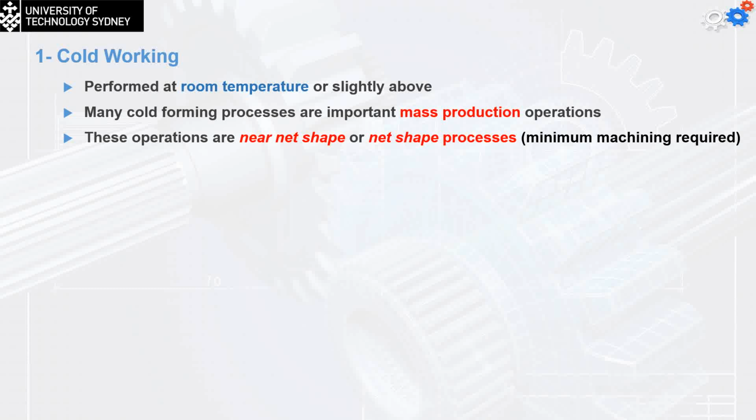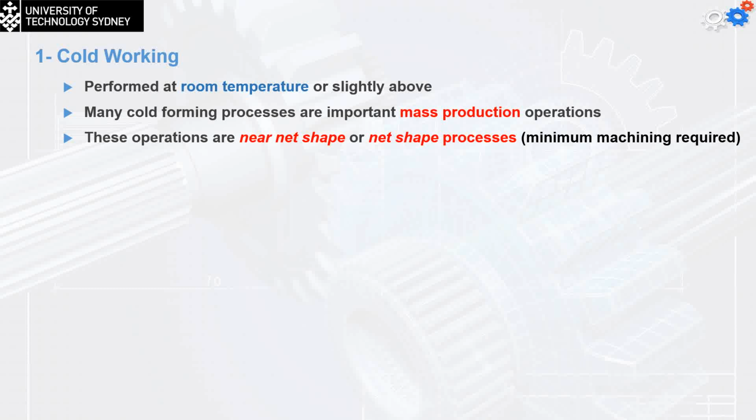Many cold forming processes are important mass production operations because the part is deformed directly without passing through the heating process, which takes time. Those operations are usually near net shape or net shape processes, where minimum machining is required after we do the deforming.